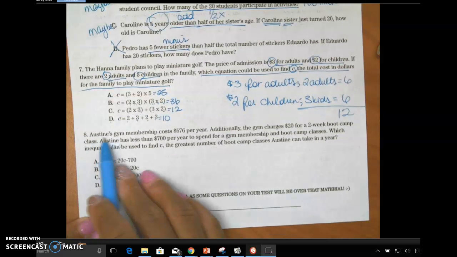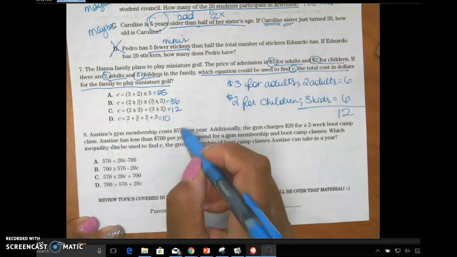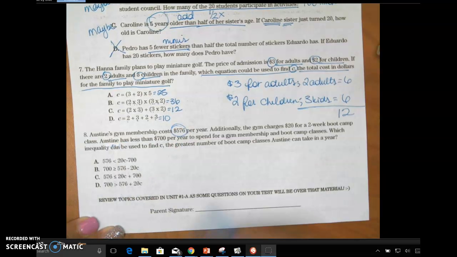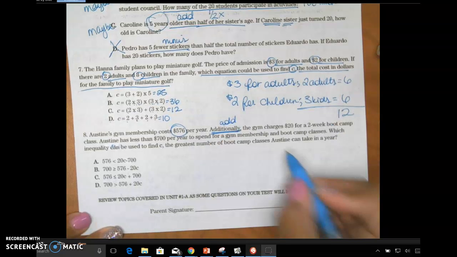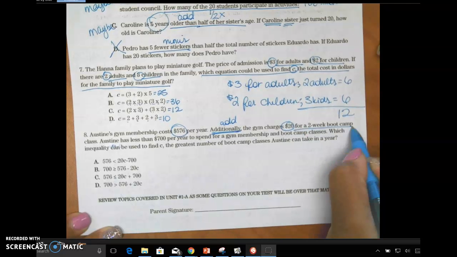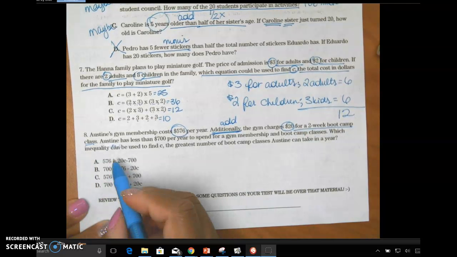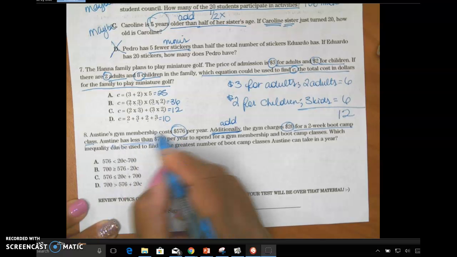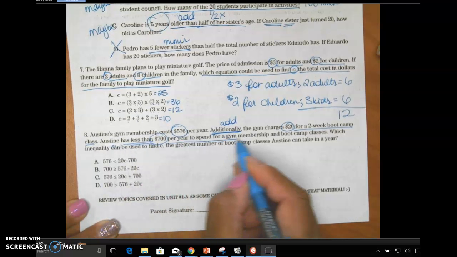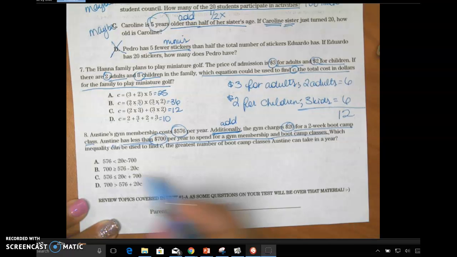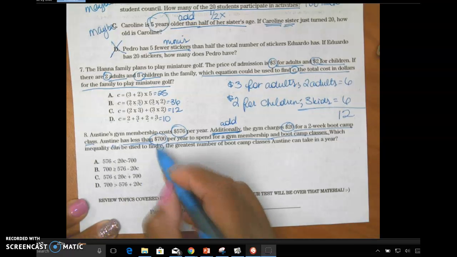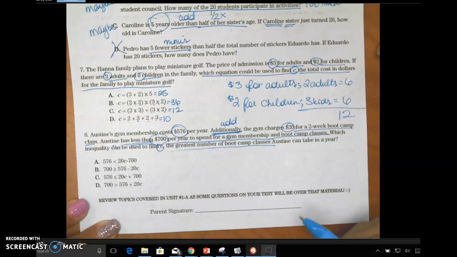Last, Austin's gym membership costs $576 per year. Additionally, what does that mean? Add. There's more. The gym charges $20 for a 2-week boot camp class. Austin has less than $700 per year to spend for a gym membership and boot camp classes. Which inequality can be used to find C, the greatest number of boot camp classes Austin can take in a year?